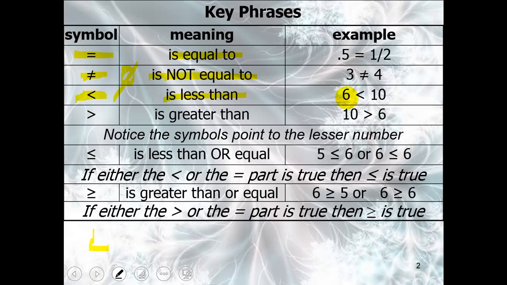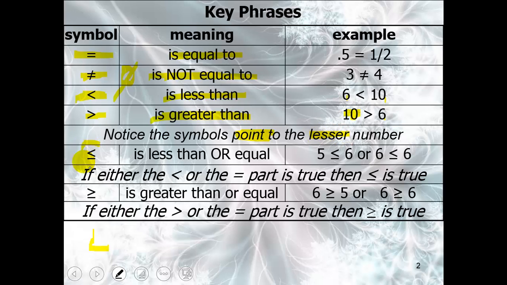So 6 in front of the symbol is less than 10. The greater than symbol, right? Its meaning is greater than. So the number in front of it, 10, is greater than 6. Notice that the point is always towards the lesser number.